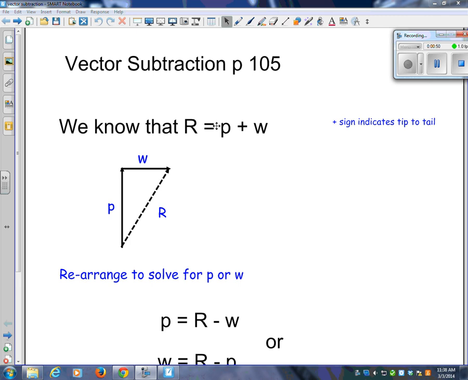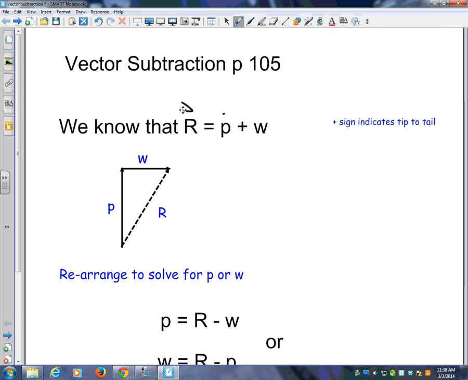You might remember from grade 11 that the resultant is plane plus wind, right? If we've got a plane vector and a wind vector, and you're having to find out the overall resultant, the overall resultant is whatever the plane's speed is plus the wind speed, right? And the plus sign simply indicates that we should place those vectors tip to tail. Okay?